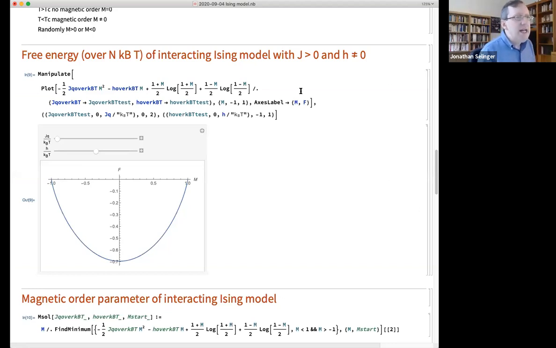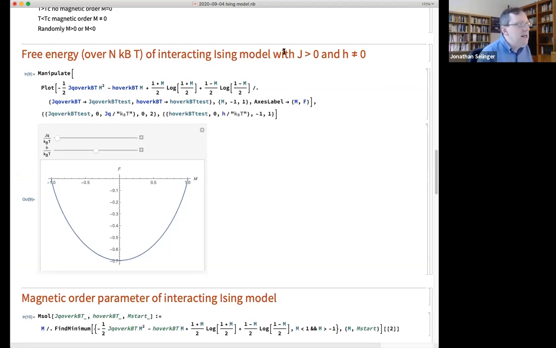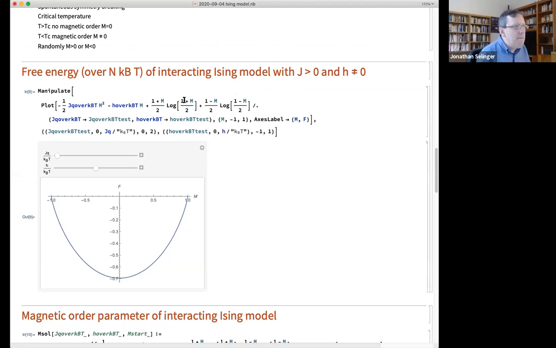Okay, so here is the calculation that you looked at before. You see the Mathematica on the screen, right? This now is a way to check what happens to the plot of free energy versus magnetic order parameter when you have both the interaction term and the magnetic field term.